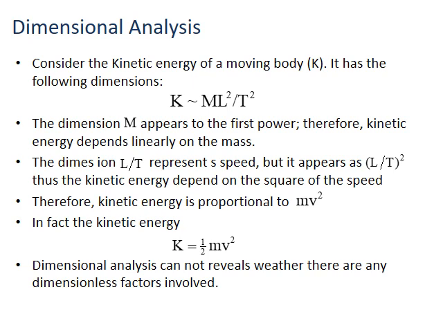So that's velocity squared. So I know that the kinetic energy is proportional to mass times v squared. But I cannot tell the constant in front of that. The real formula for kinetic energy, if you remember, is half mv squared, not mv squared. So dimensional analysis tells me about the proportionality, but it doesn't tell me about dimensionless factors that might exist. It's a good tool to understand, but it's not sufficient to know the exact value for kinetic energy.